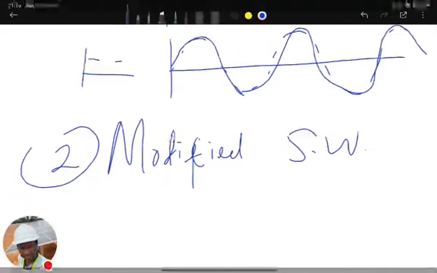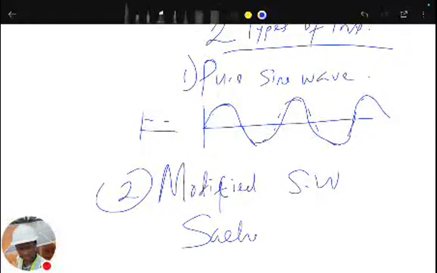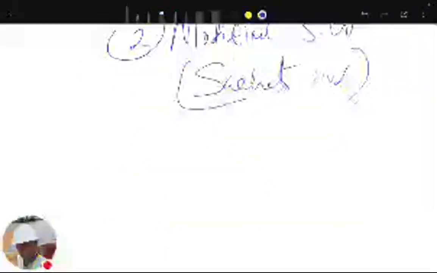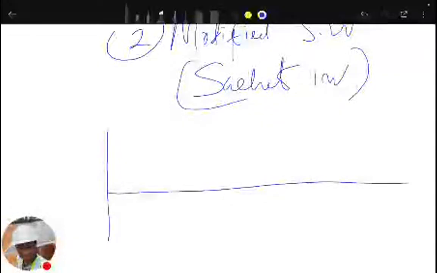Some people in our line of field actually call modified sine wave inverter a sachet inverter. That's what some people call it. But modified sine wave has cheap electronics, cheap components in it, so it doesn't really have complex electronics like all those advanced MOSFETs and inductors and so on.